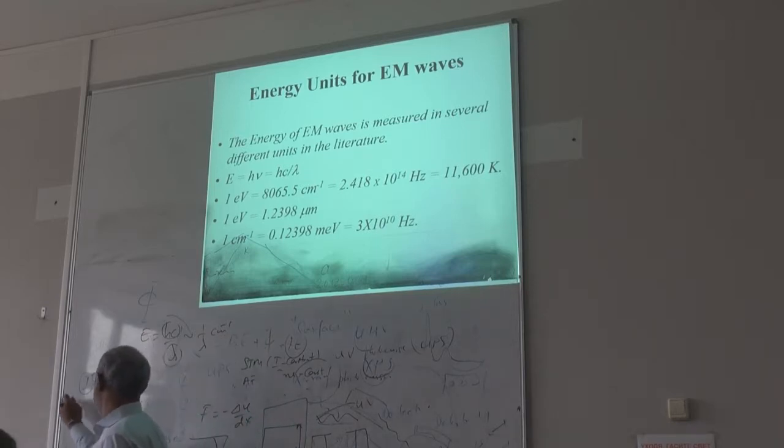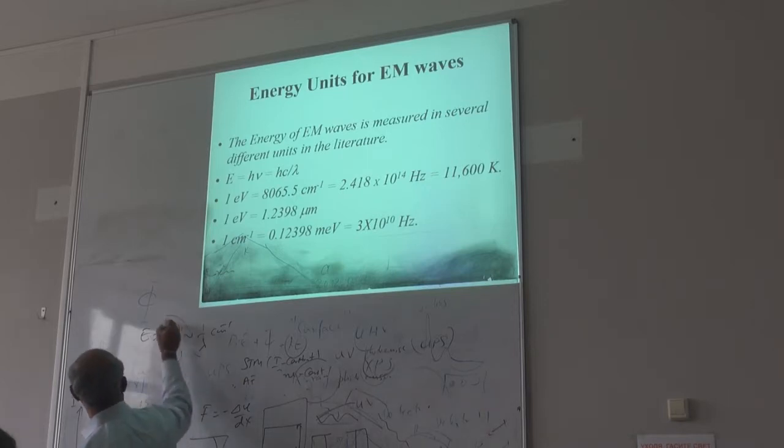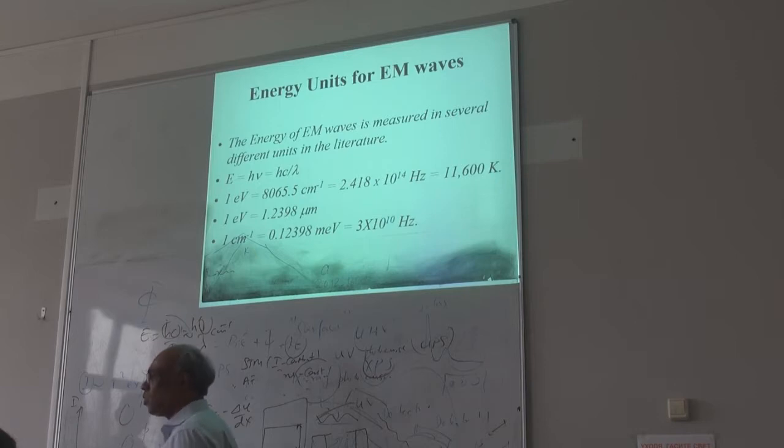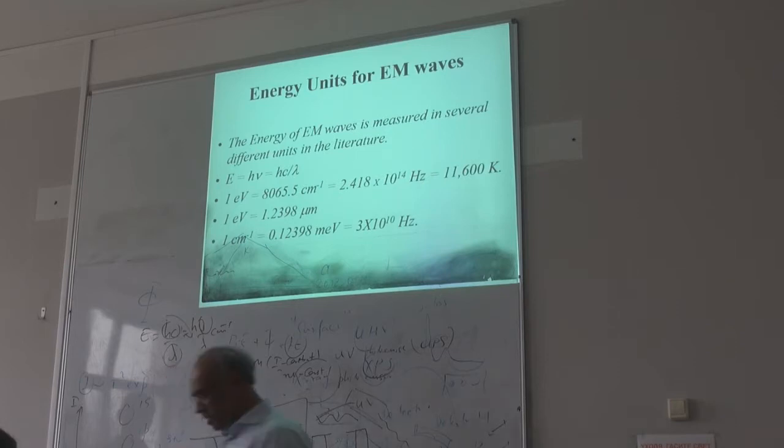So you can have any kind of this. This is your intensity, doesn't matter. This is the energy unit, it can be centimeter inverse. Also, this is frequency, so it can be hertz. Sometimes people even draw it this way, in lambda. So there are different scales.